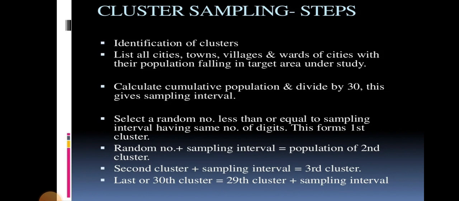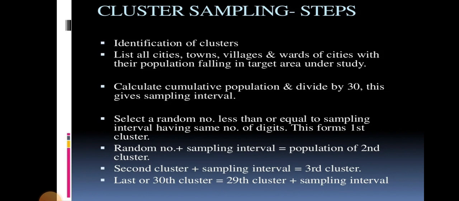So select a random number less than or equal to the sampling interval. We can select any number, like we are selecting 10, and this forms the first cluster. We are maintaining a cluster of 10 people. Then random number plus sampling interval is equal to the population of the second cluster.